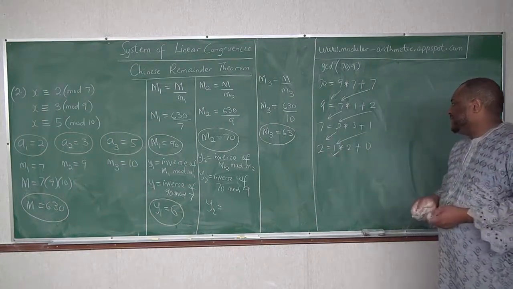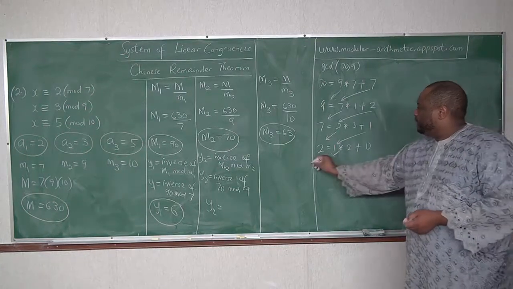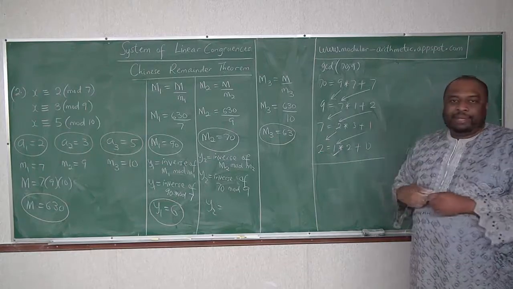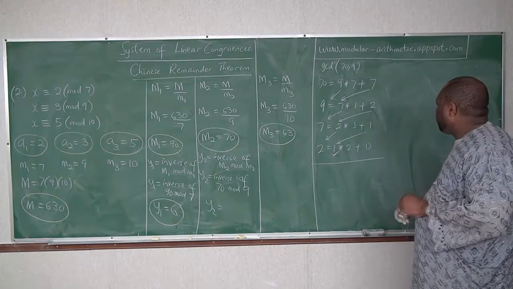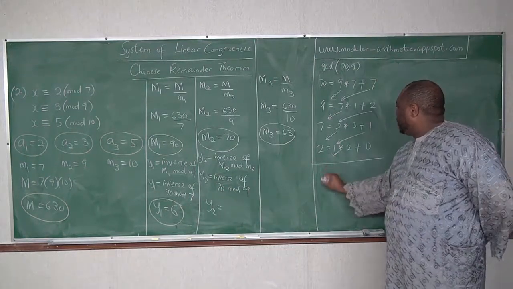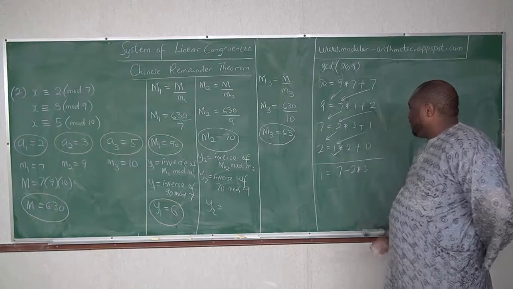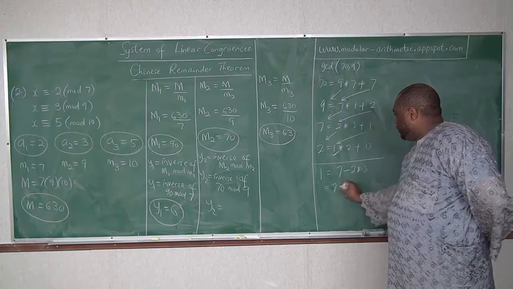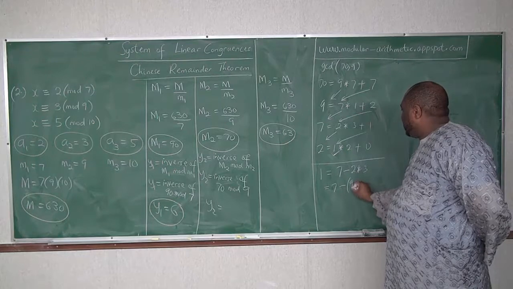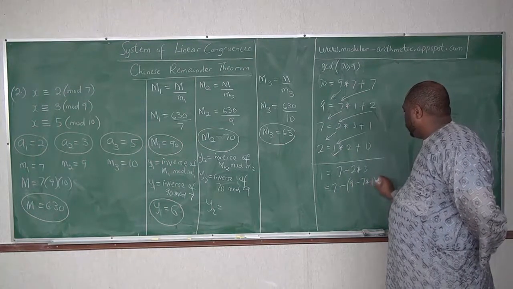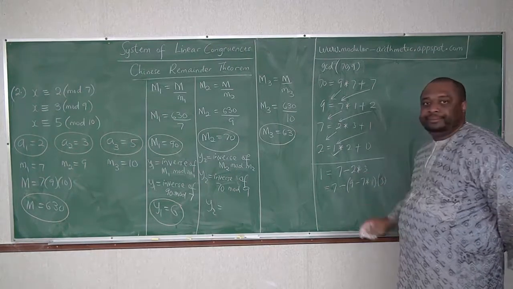But we now have to start from here to get our inverse for 70 and 9. So 1 is equal to 7 minus 2 times 3. And this 2 is 9 minus 7 times 1, times this 3.